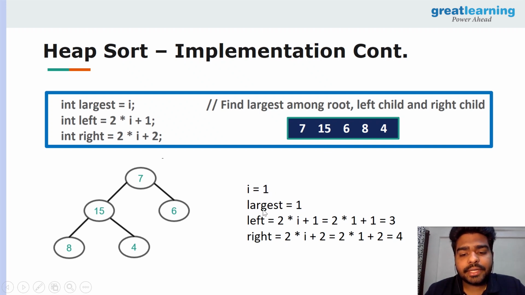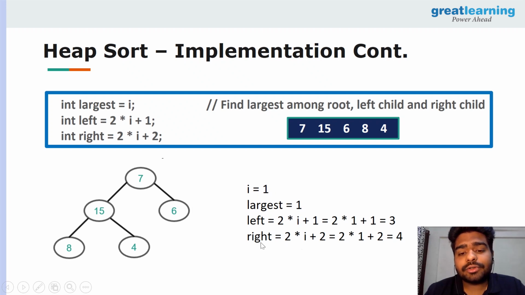For left, what number am I getting? 3. So let's go to the third index: 0, 1, 2, 3, which is 8. Now if I look in the diagram, am I getting the left child of the largest node, which is 15? Yes, that means my formula is working fine.